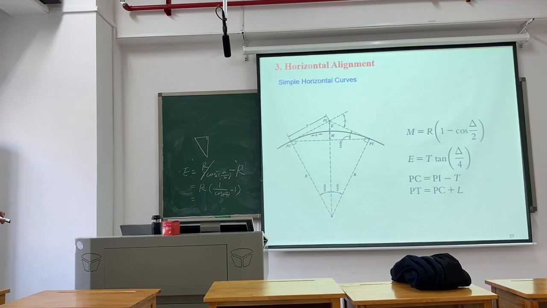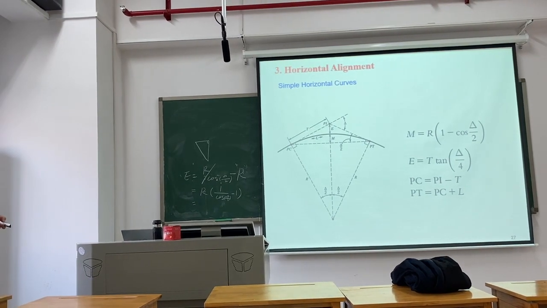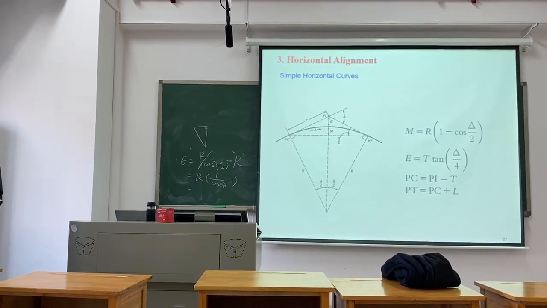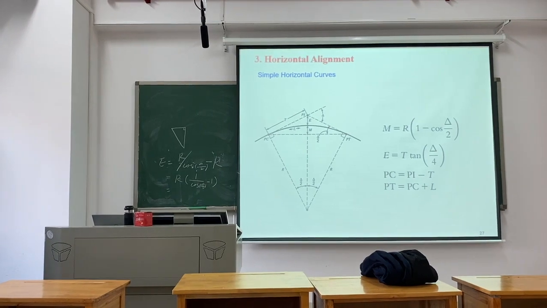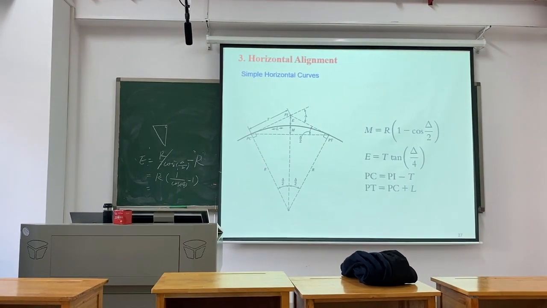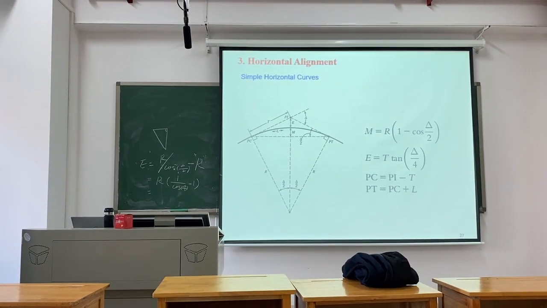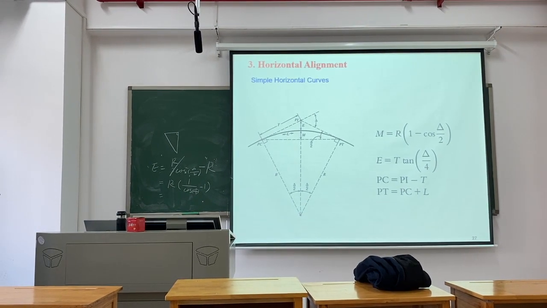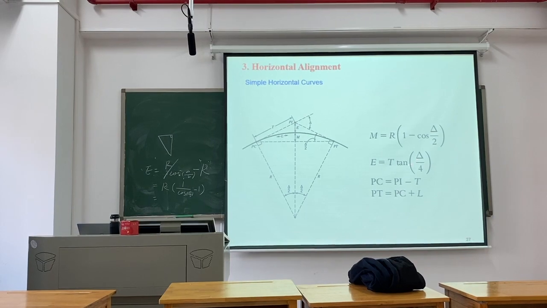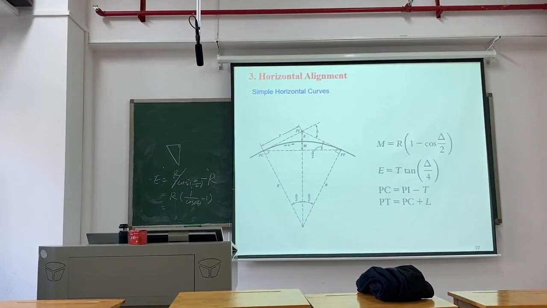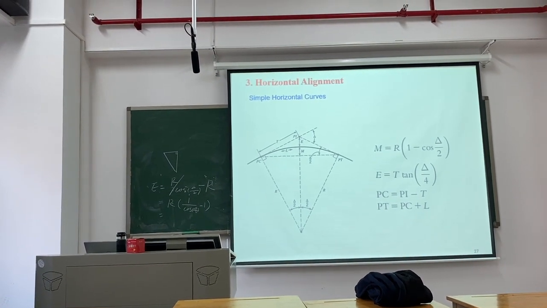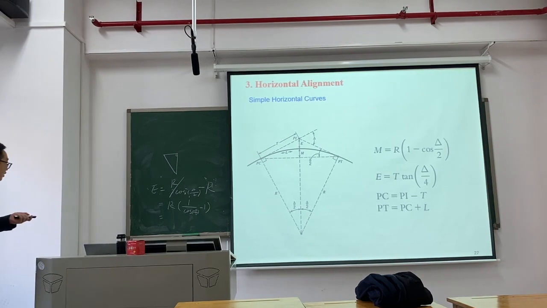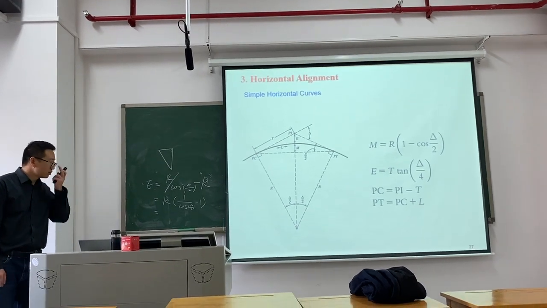How do we get the 4? No, the 4 is the number of this thing. From E to M, then from M to the center, so this thing over 2, then from the relationship from this. Okay.